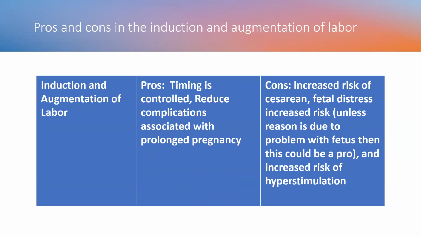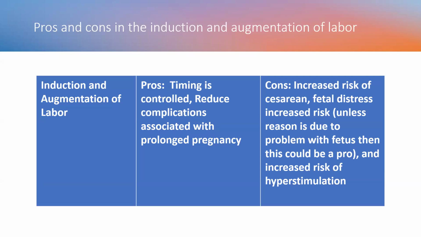So we're going to talk about some of the pros and cons of induction and augmentation of labor. Keep in mind that induction is really stimulating labor artificially, whereas augmentation is enhancing existing labor contractions. In these cases, we need to balance medical necessity with patient autonomy. Using things like the Bishop score can help us determine readiness.